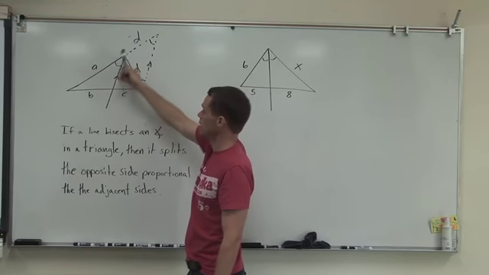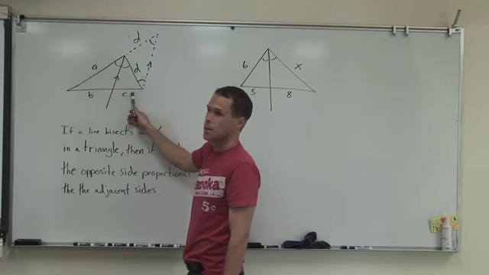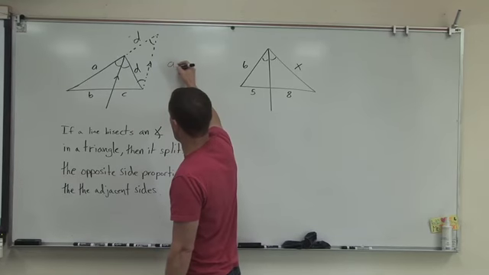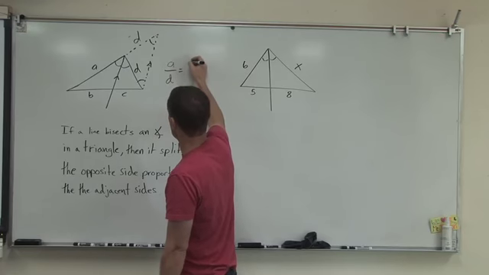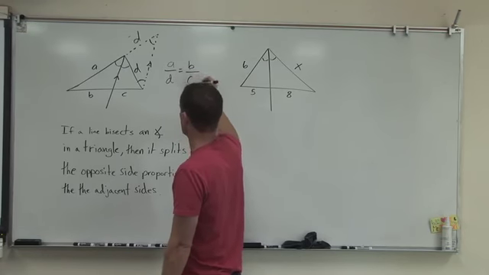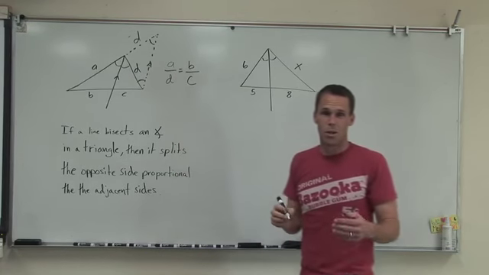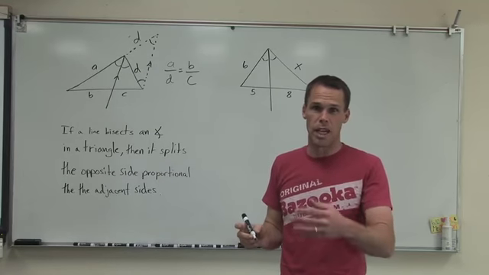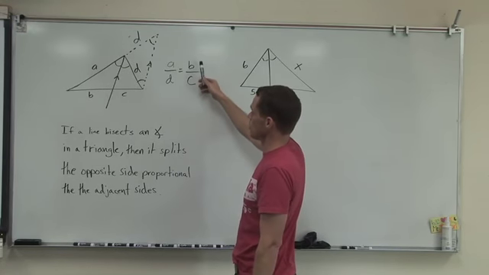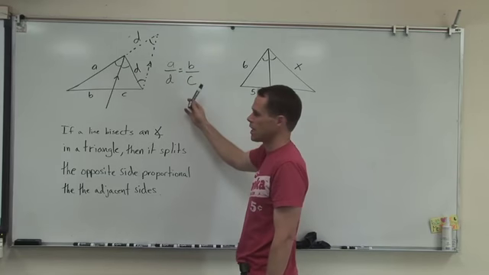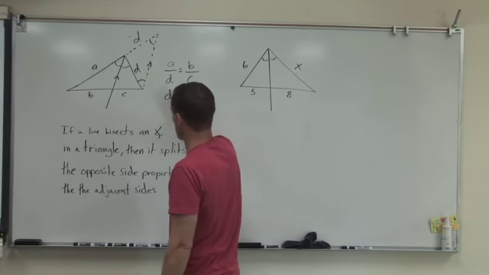A over D equals B over C. So I can write A over D equals B over C. Now, one of the cool things about proportions is because of cross multiplication, A times C equals B times D, I can flip these.